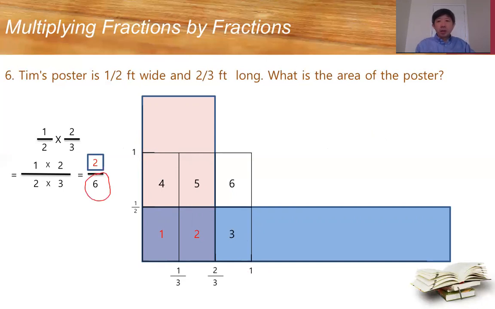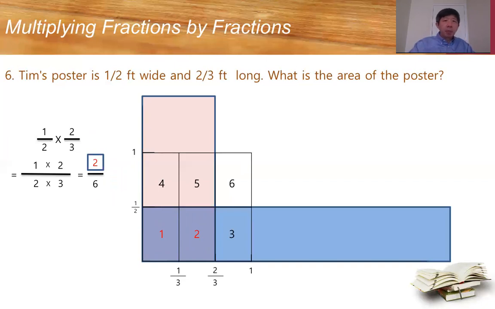This is the denominator, all right? And then the numerator is the overlap, like this, all right? And the denominator is counted under 1 by 1. How many are there? How many under 1 by 1? We have 6, all right? 6 boxes, right? Okay.